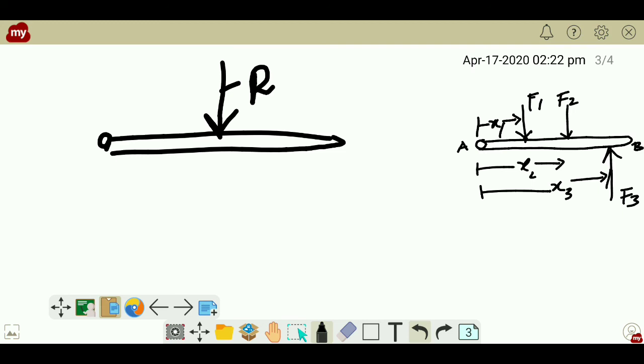So this resultant is acting on the same lever, and we don't know at what distance the resultant is acting from point A. So the distance I have assumed as x.